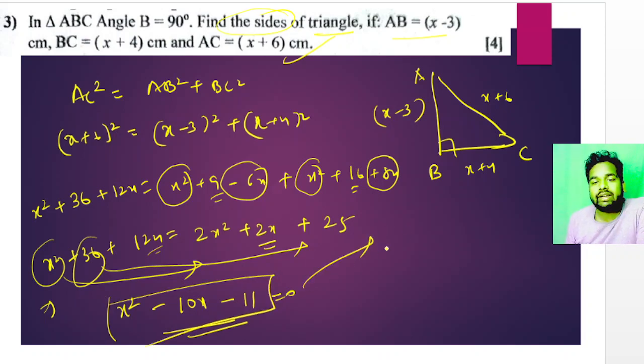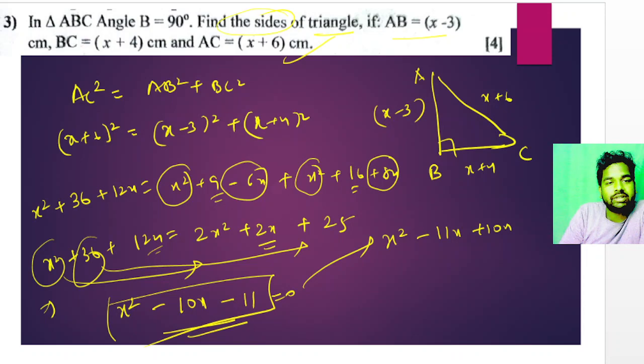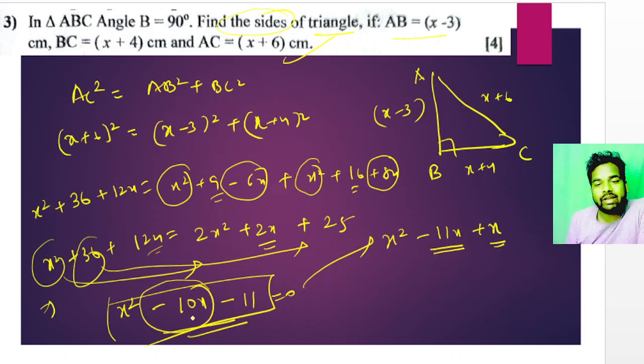Now you just factorize this equation: x square minus 10x minus 11 is equal to 0. You write it as minus 11x plus x, because it must be equal to minus 10x.